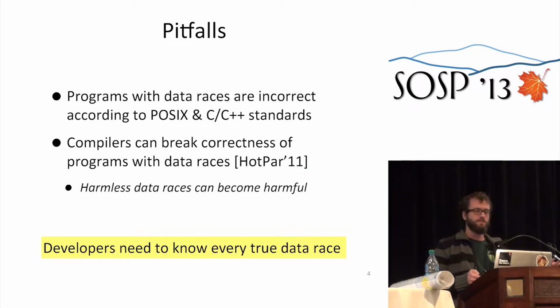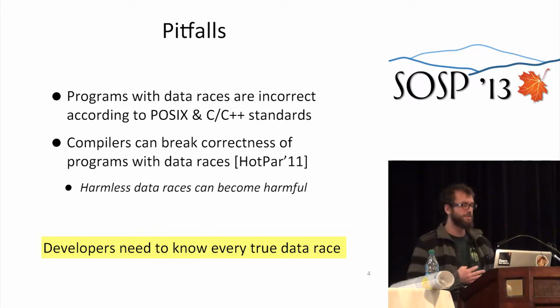To make matters even more complicated, the POSIX standard and the new C++ standards define programs with data races as having erroneous semantics. As we saw in yesterday's talk on studying undefined behavior, the implication of these standards is that compilers can arbitrarily break such programs with undefined behavior. And in this case, they can break programs with data races.